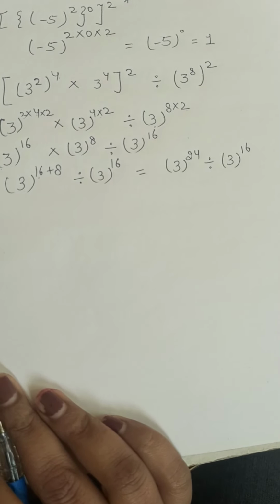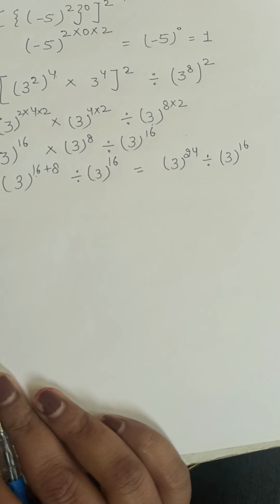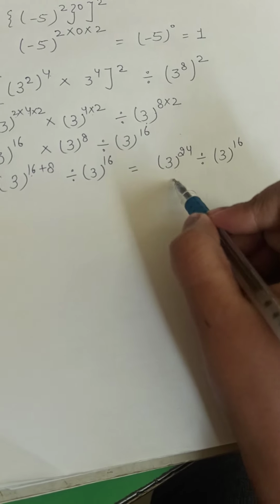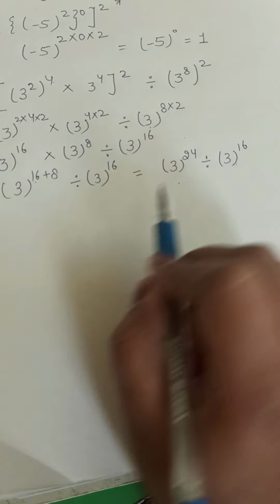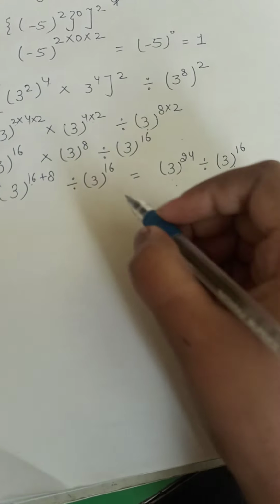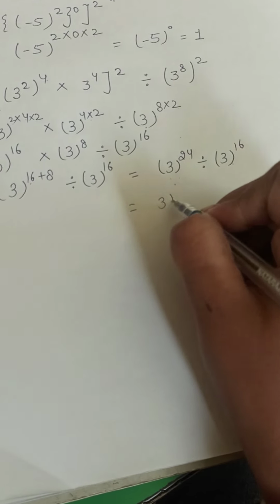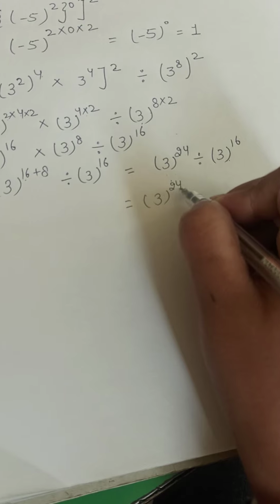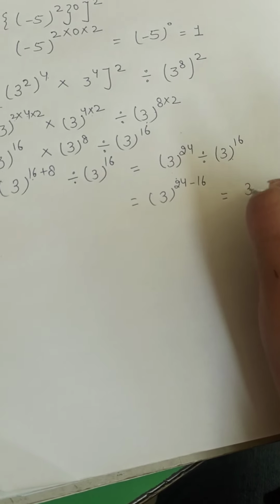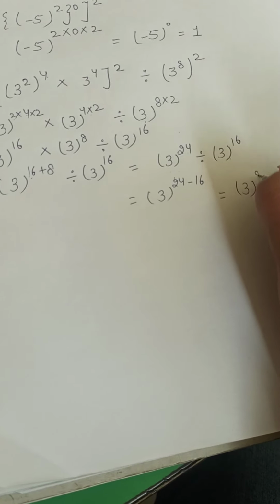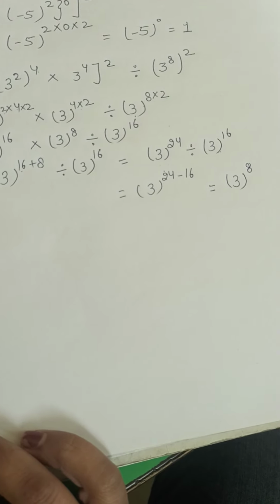Now again in this we will apply the laws of exponents, that is of division. When the base is same and powers are different, what do we do? Keep the base same and the powers get subtracted, which is 24 minus 16, and it is equal to 3 to the power 8.